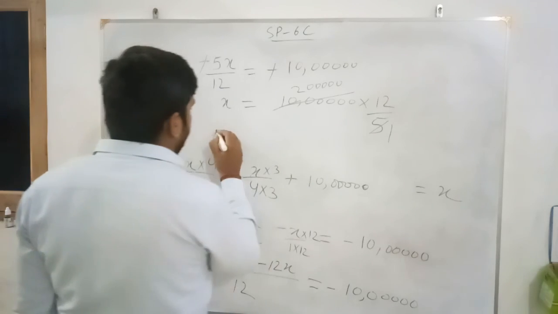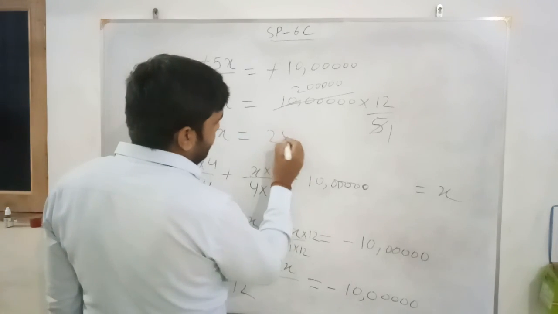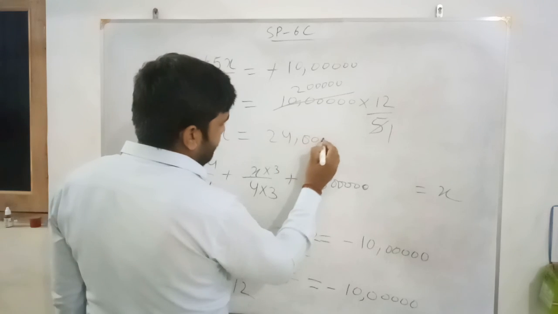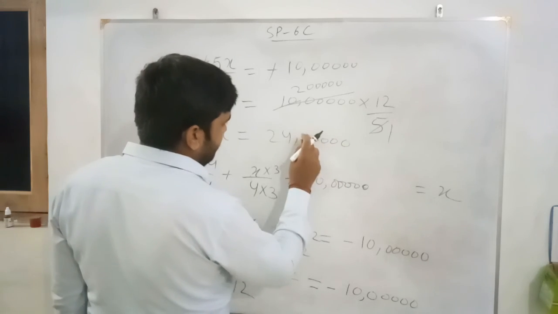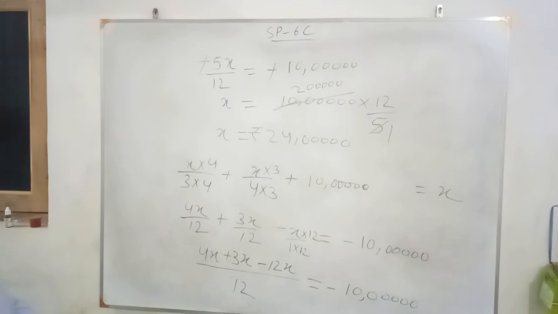So the value of x is 12 times 2, that is 24 lakh. So the total worth of Pratik's property is 24 lakh, which is the answer.